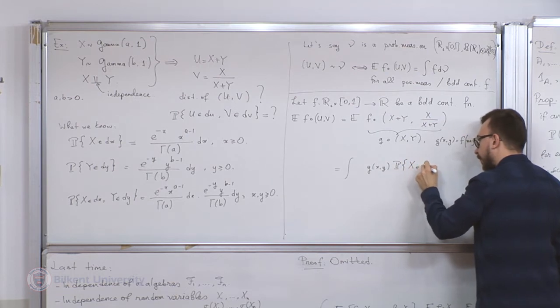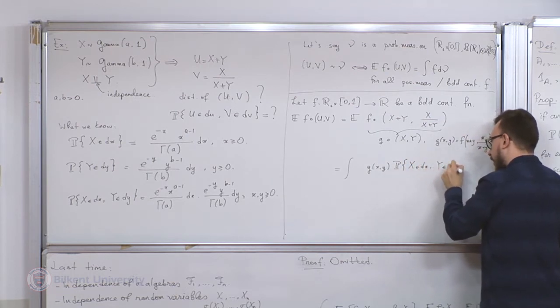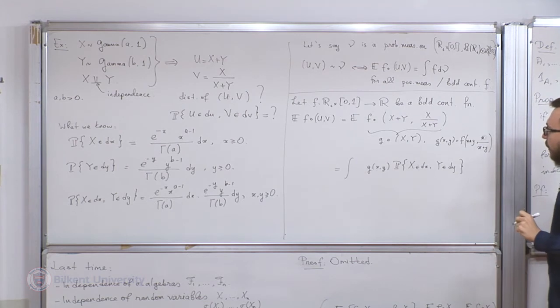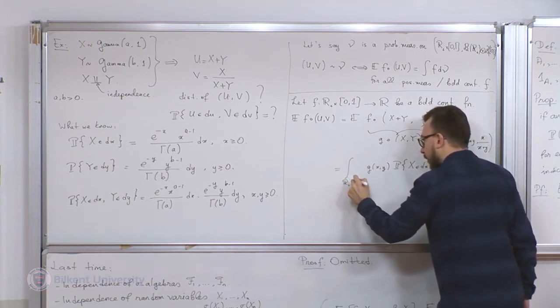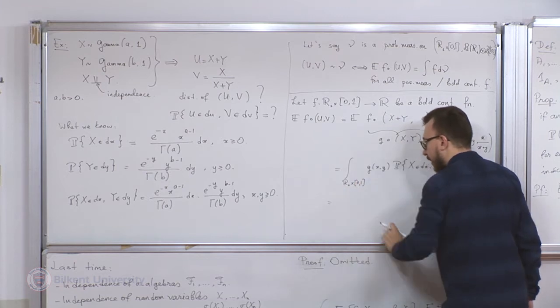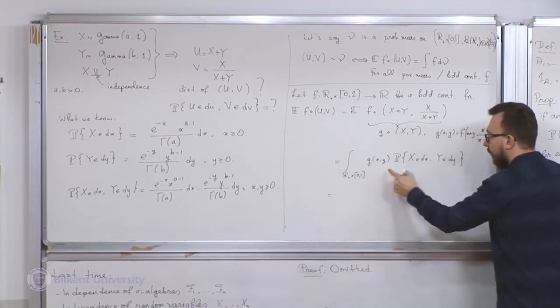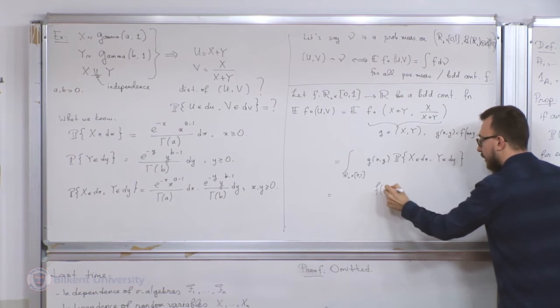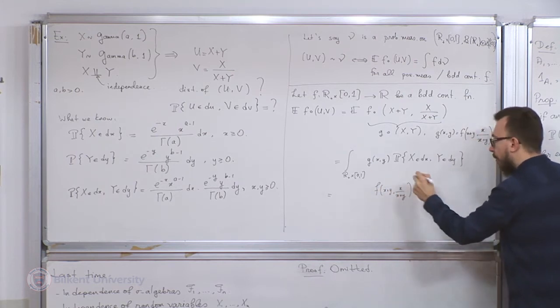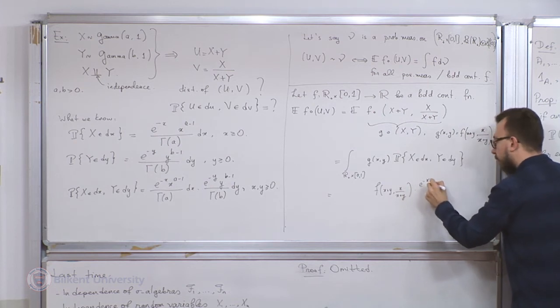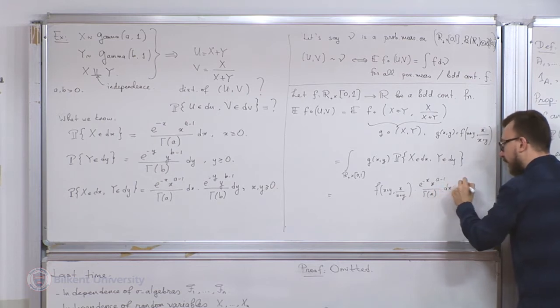So g of x, y times the distribution of this vector. Well, this is on this space. So it's a double integral. So let me write it in full. So f of x plus y, x over x plus y, now e to the negative x, x to the a minus 1, over gamma a, dx.